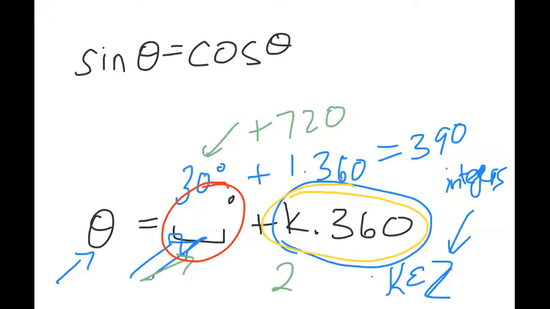It just has to be in the answer. Just imagine k is 0, then 0 times 360 gives you 0, and 30 degrees plus 0 is just 30 degrees, which is just this answer. So you can work it out for any number k, which is part of the integers, and you will get the answer. Okay, so right, let's start again.